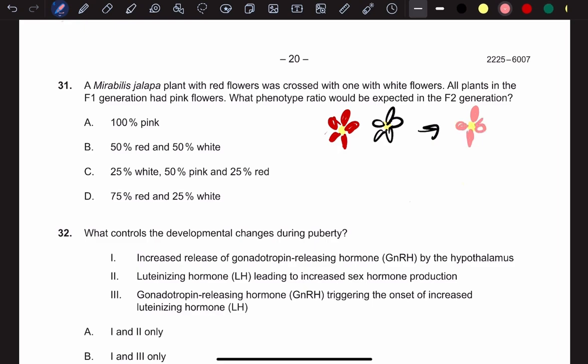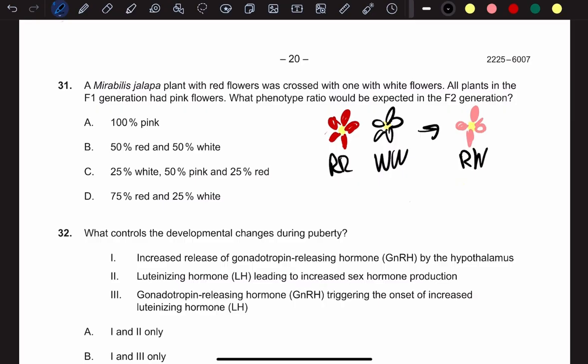Okay, so let's think of the alleles here as one is RR, this one's WW, right? We have red, white, right? They're both dominant. When it makes its offspring, the offspring is red and white, RW, right?